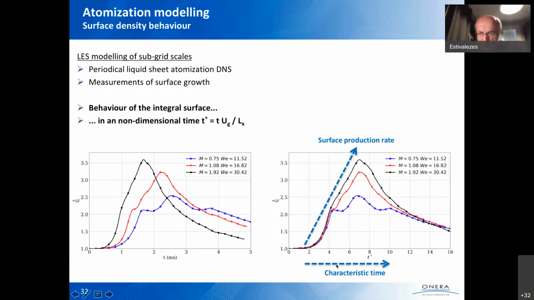By using non-dimensional times, we can see that all the curves seem to collapse, and we have the maximum production of surface density at the same times. And roughly speaking, at least in this part, we have the same slope for the non-dimensional surface density.